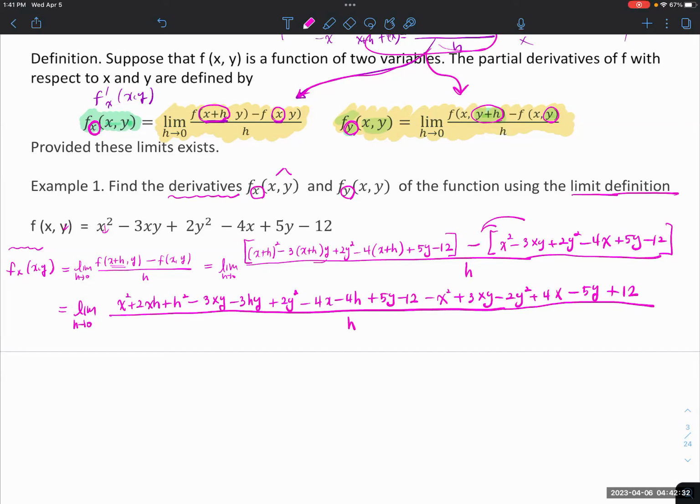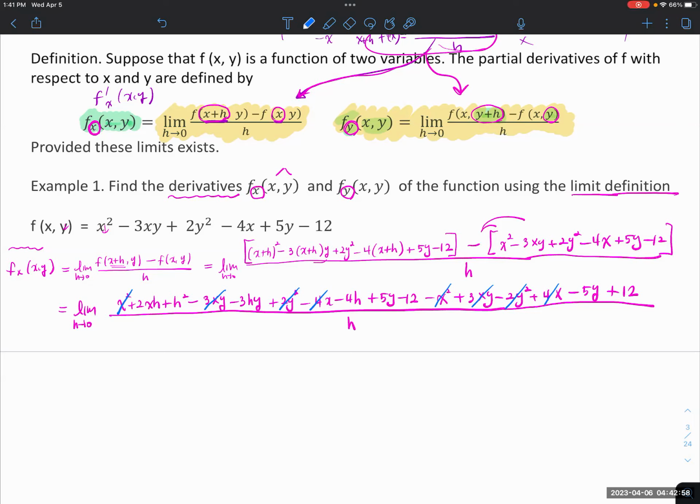Are we okay? Now let's simplify as much as you can. Can I cancel anything? Yes. x squared minus x squared, they cross out. Is there anything else? Yes. Negative 3xy, positive 3xy, plus 2y squared, minus 2y squared, negative 4x, plus 4x. Is there anything else I can cancel?